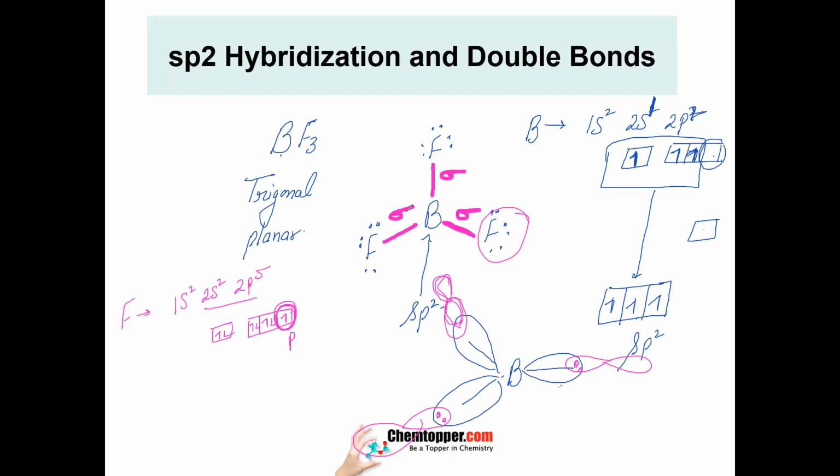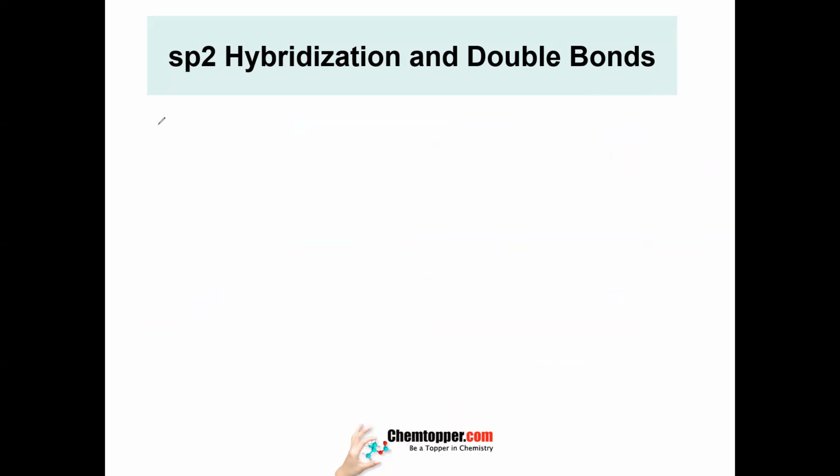Ready for another example? Okay, we are going to make the Lewis dot structure of SO4 2 minus. Central element, sulfur. There are 4 oxygens.